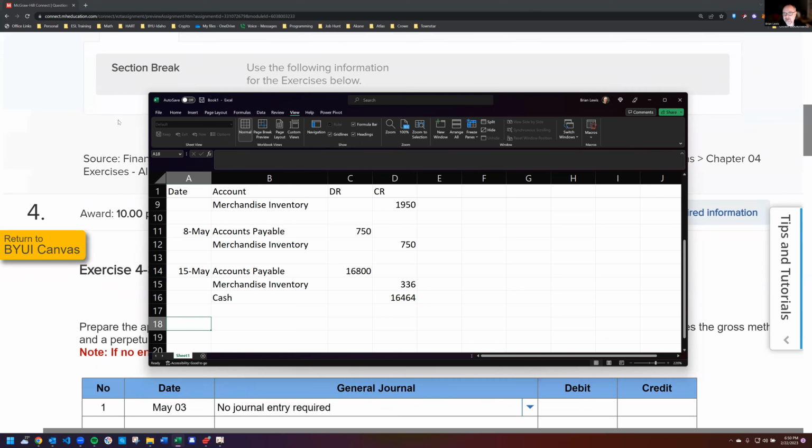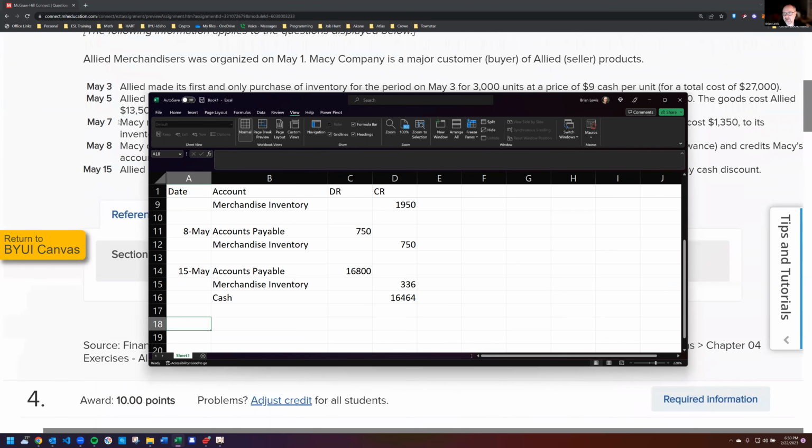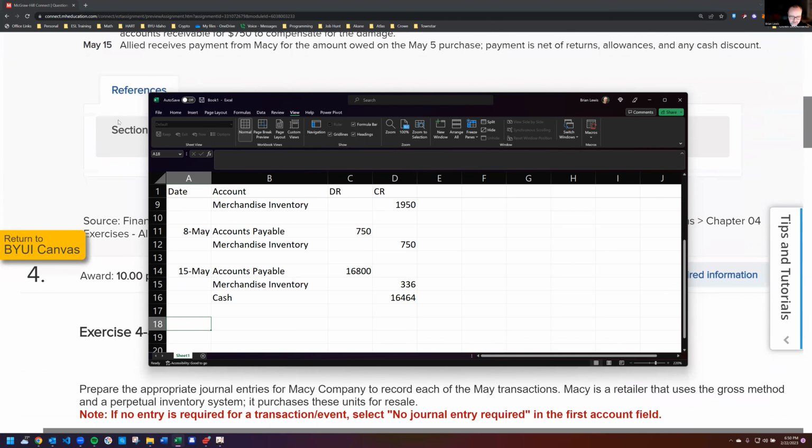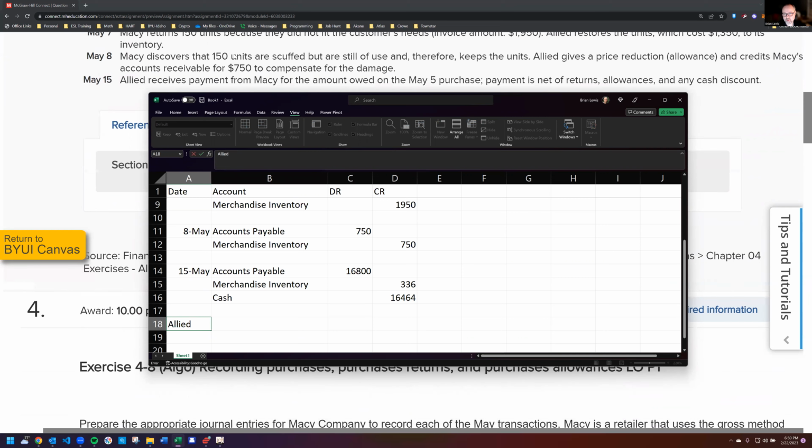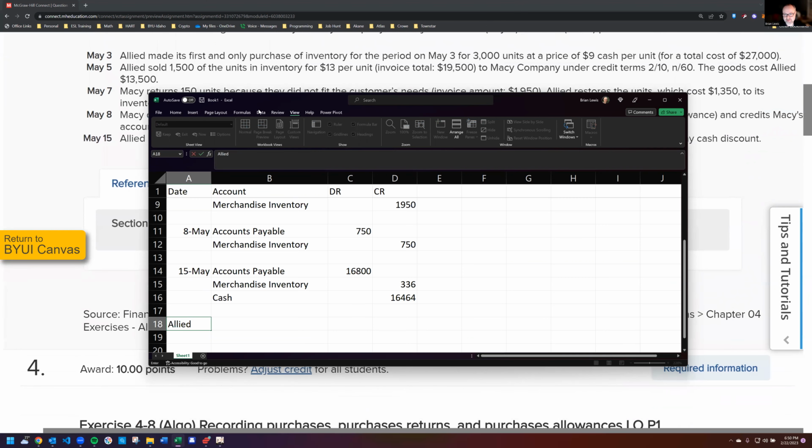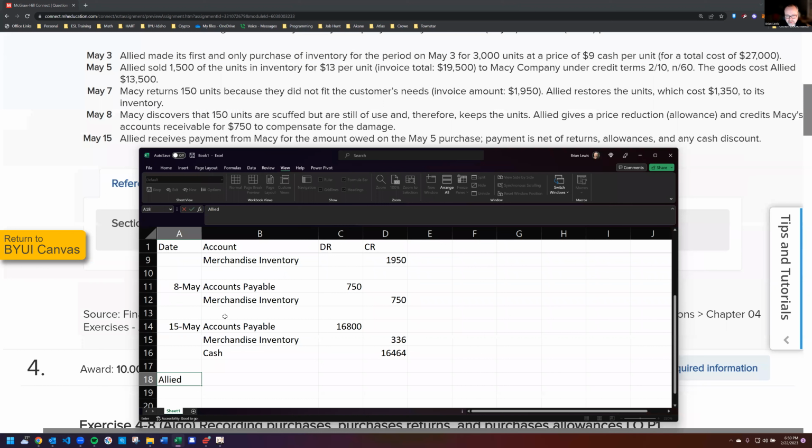Be helpful if I had a long-term memory and it wasn't so short. Allied. Okay, so Allied. We'll go back up to the top again because now we're going to focus on Allied. There we go. Allied journal entries.